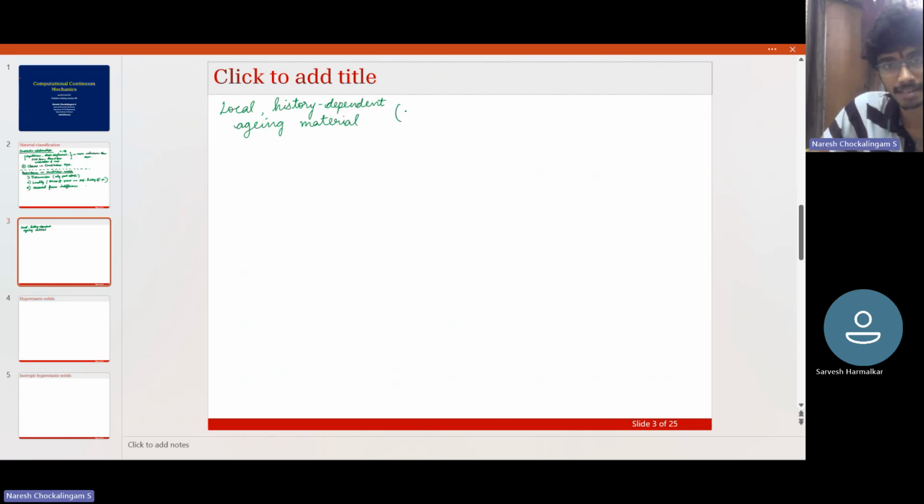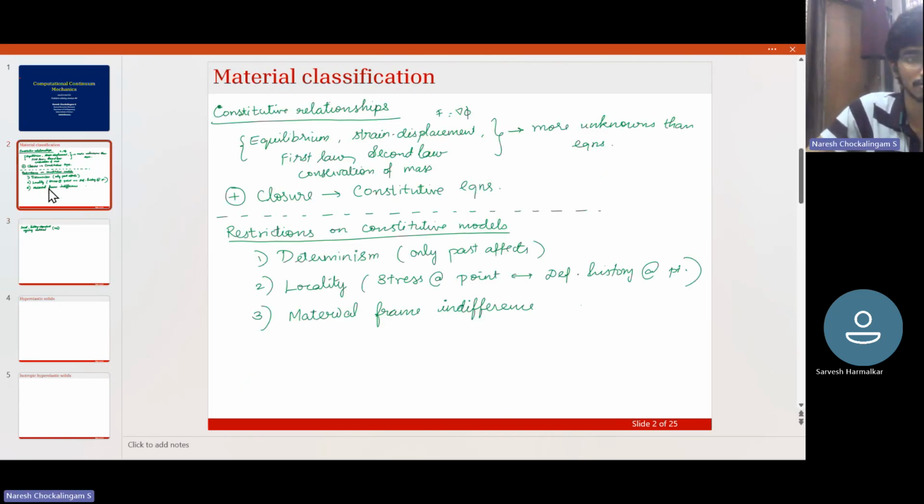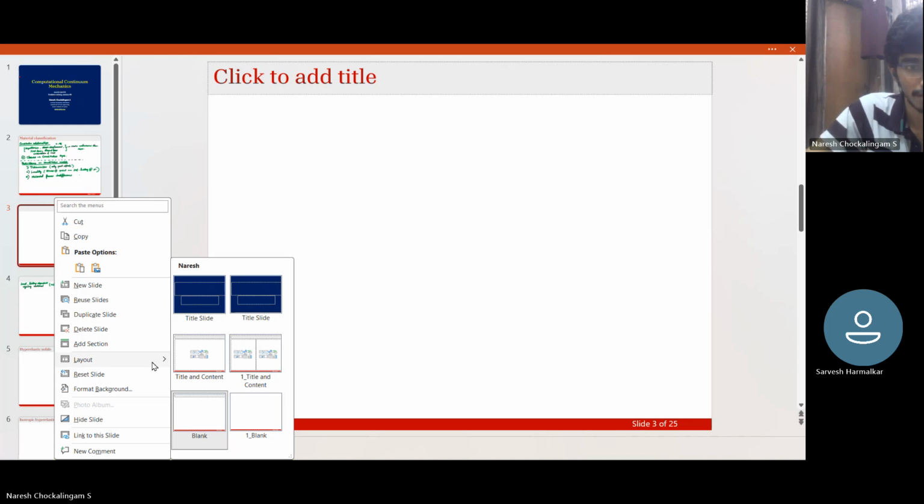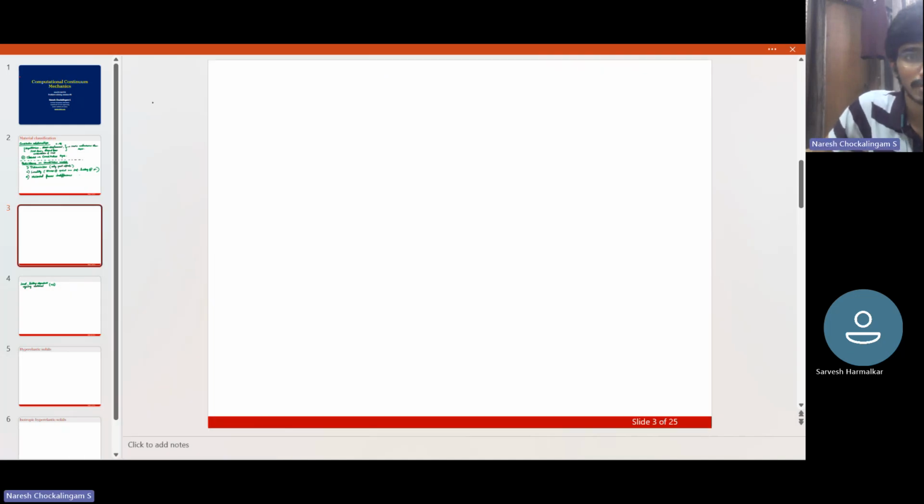I can categorize this as say M1. Another related concept here is the concept of response functions. So we need something called response functions.